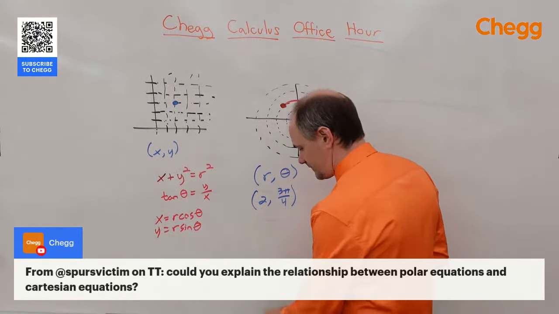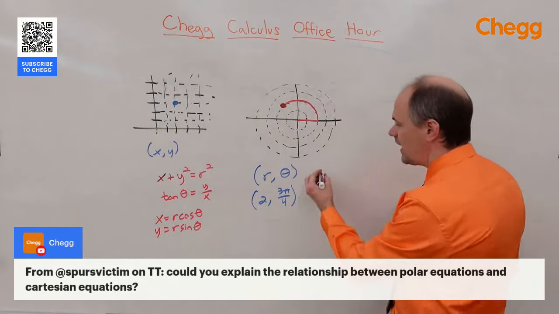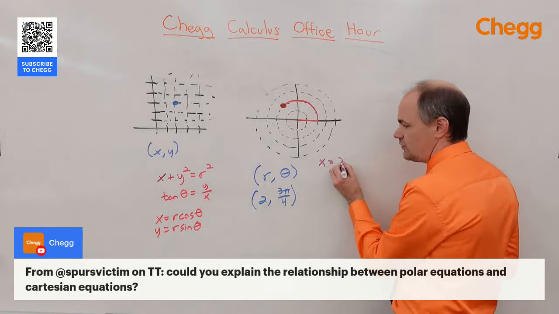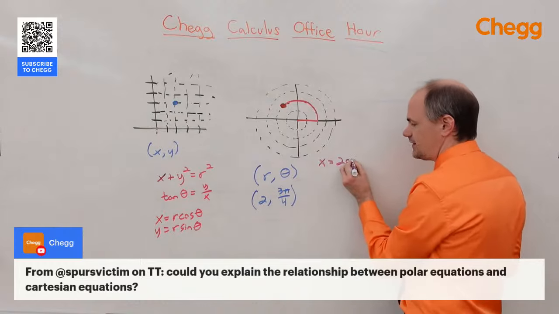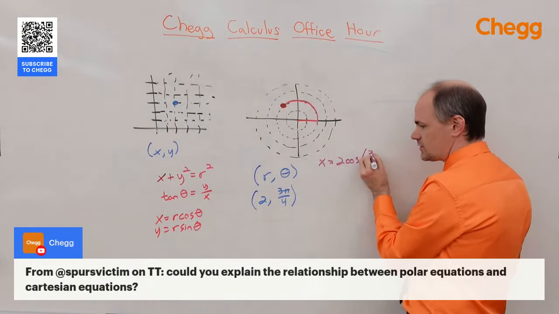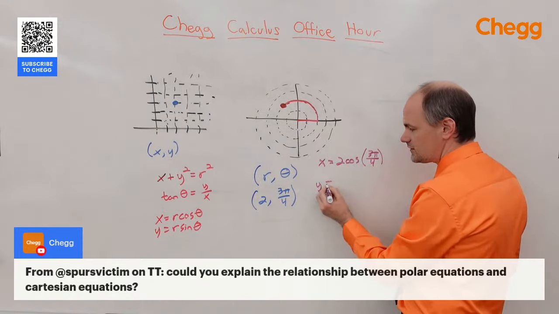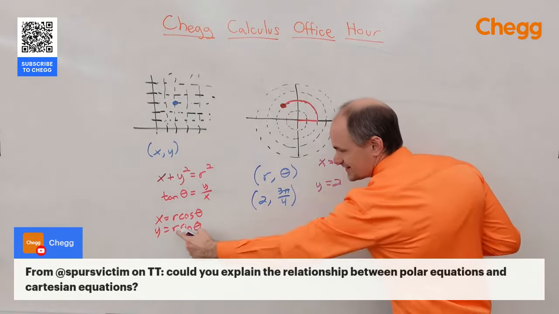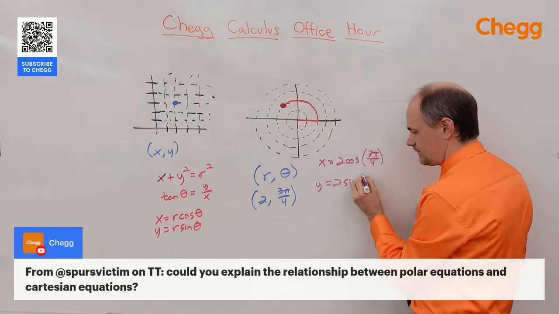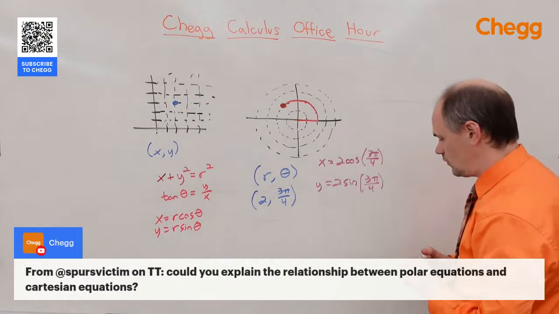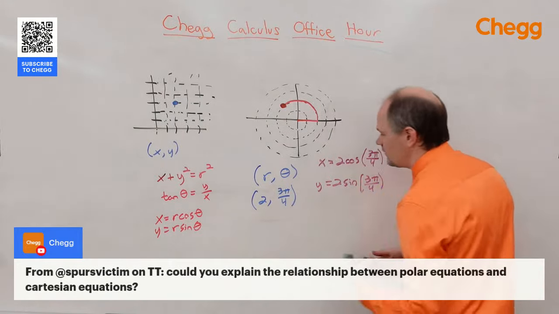So for our point, x is going to be equal to the radius, which is 2, times the cosine of the angle, which is 3π/4. And y is going to equal the radius times the sine of 3π/4. What's nice is we know each of these values.